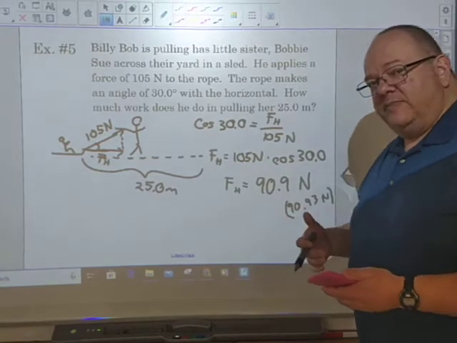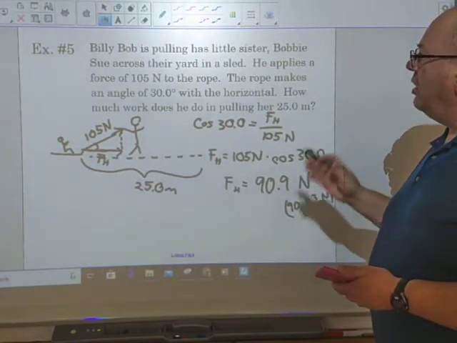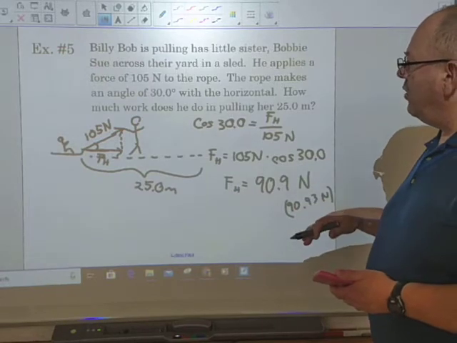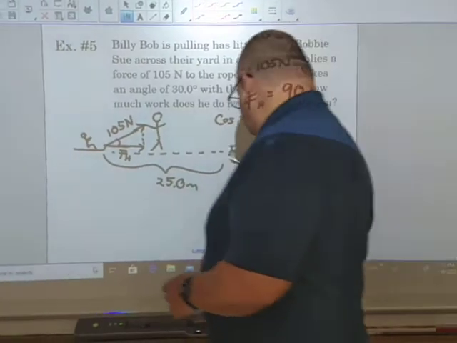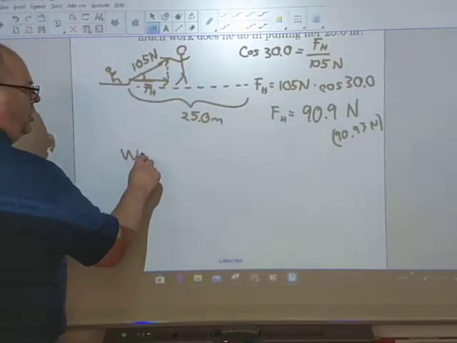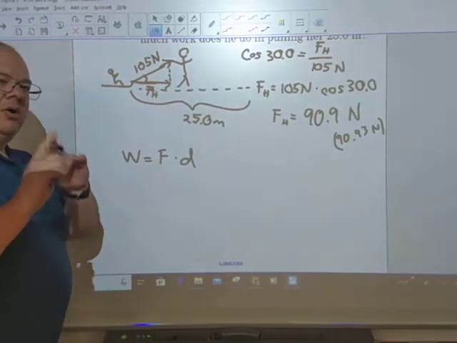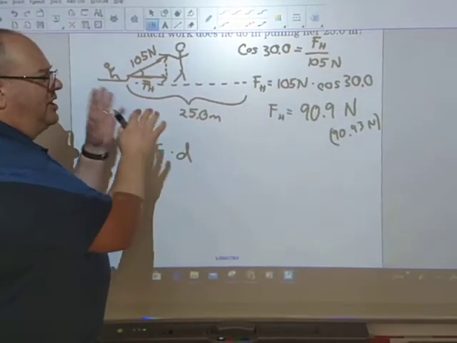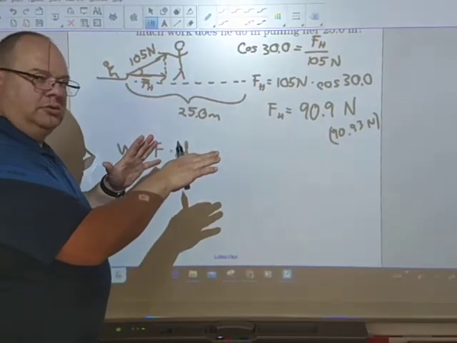Again, I kind of like to keep extra digits until my final answer. Okay, so now we can say how much work. I'm going to extend this page a little bit. Work equals force times distance. What I did is I figured out how much force was in the direction of the motion.